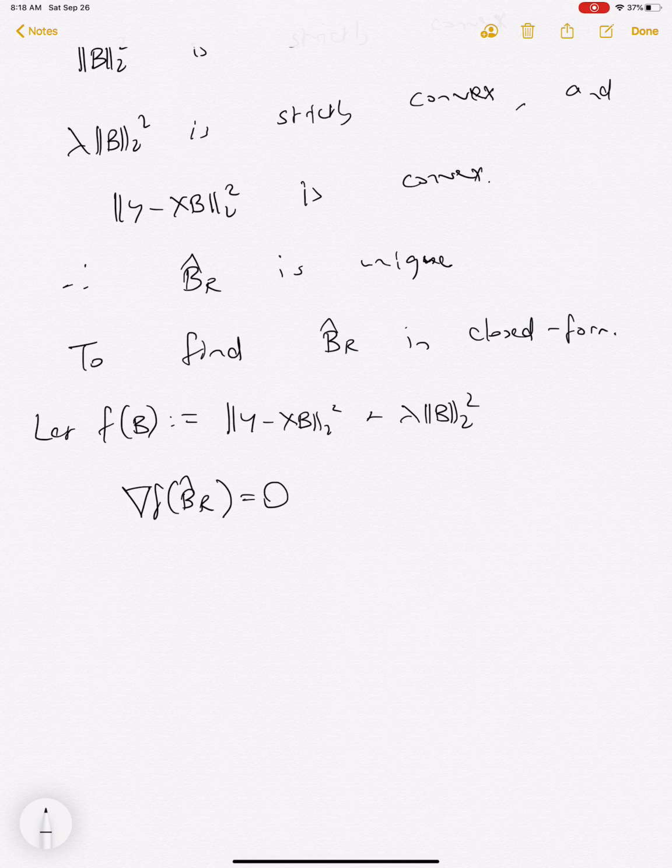And because things are quadratic, the gradients just end up being nice and linear. We've already seen what the gradient of that first term is. We know that from the least squares.